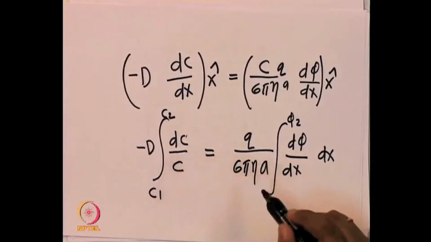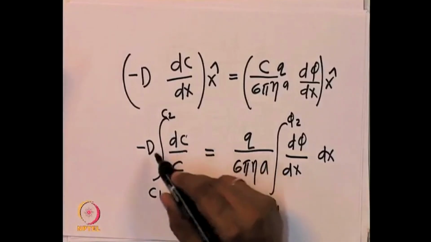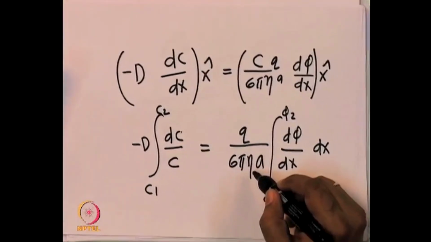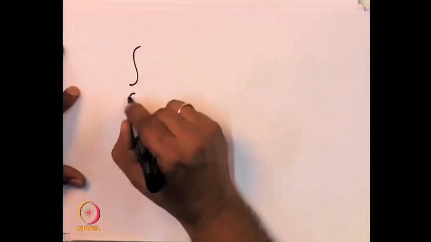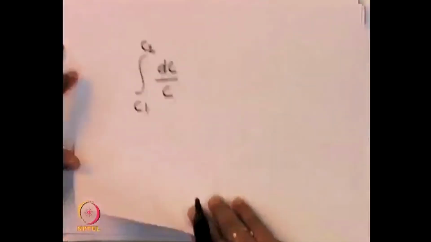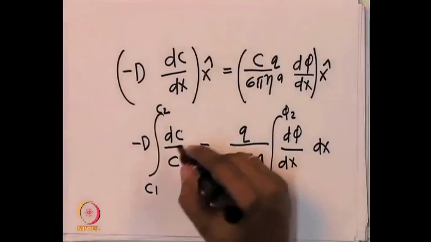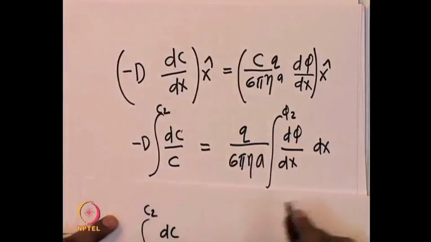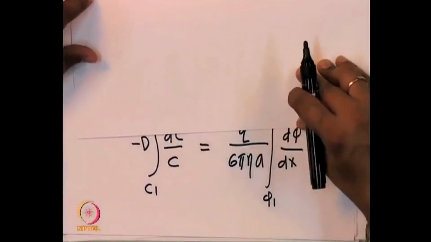So, let us do this carefully, this integral. So, I take this d this side and rewrite this equation. So, if we rewrite this equation, what you get? We have integral c 1 to c 2 dc by c. And I take the minus sign this side.